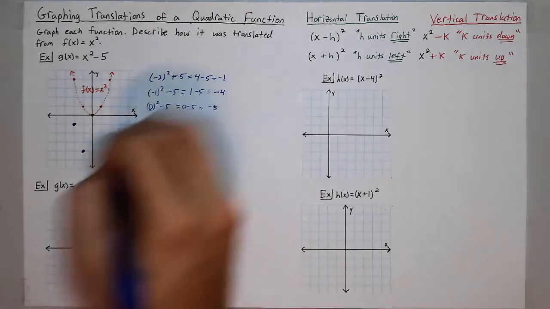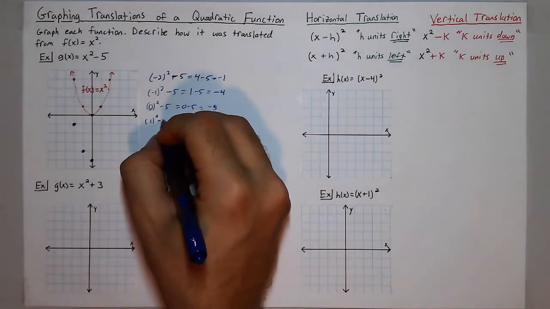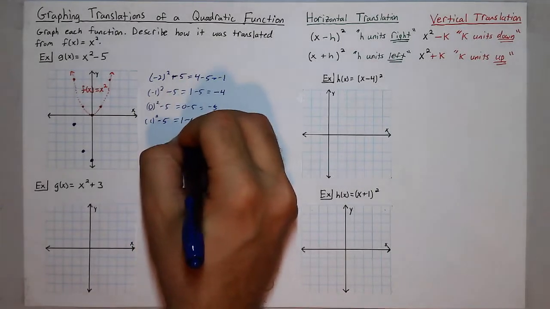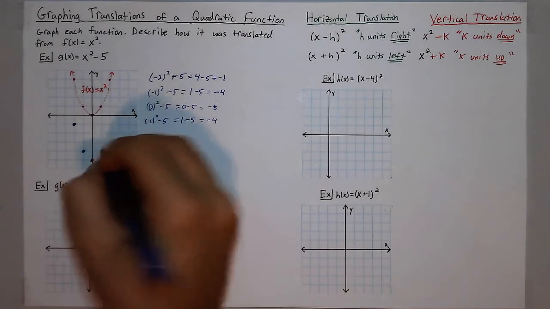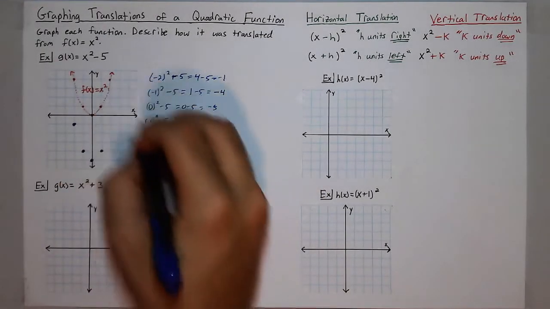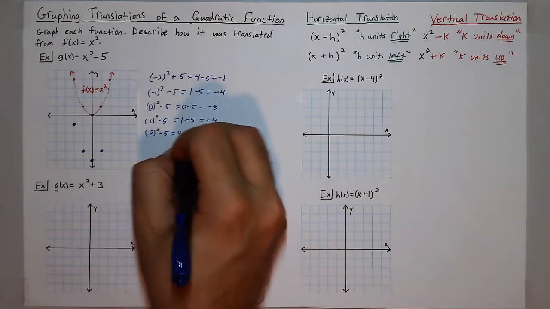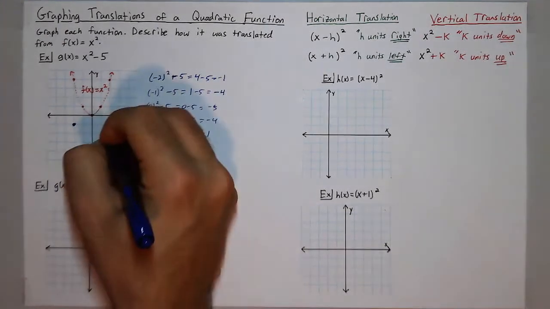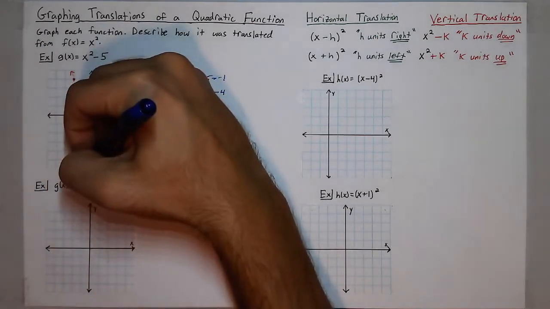Plug in 1. I'll get 1 minus 5, which is -4. So 1, -4. And plug in 2, which originally gave me 4, will now give me 4 minus 5, which is -1. And I can see that my parabola forms down here.